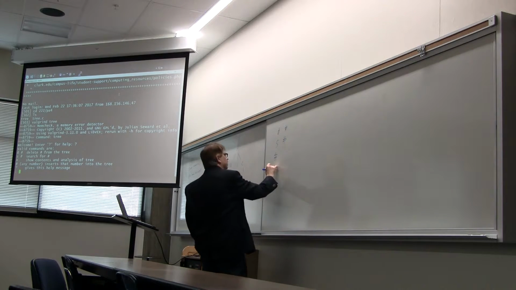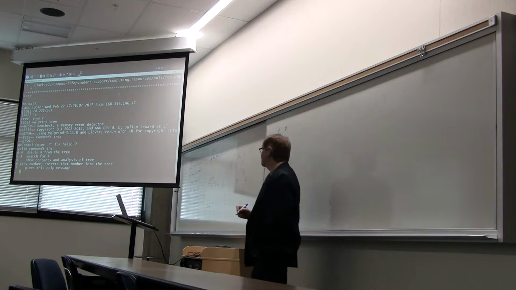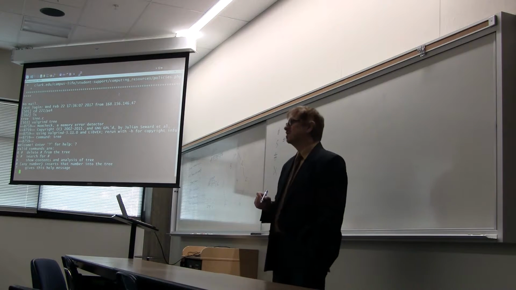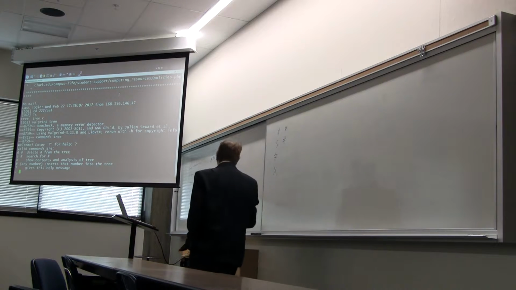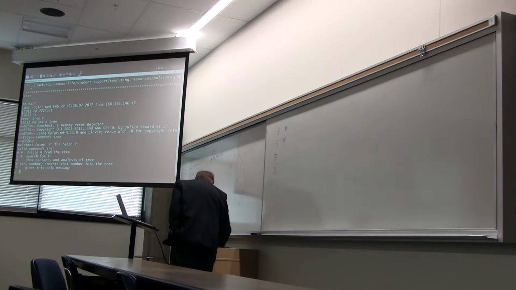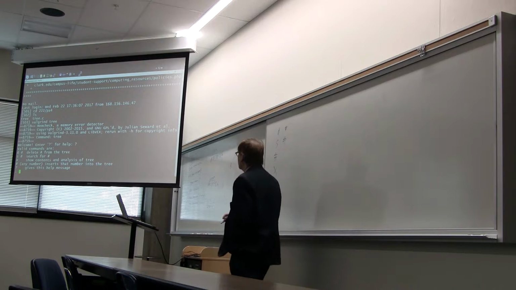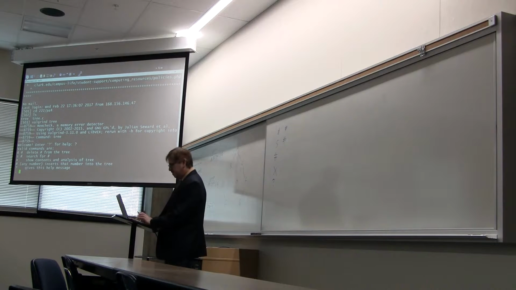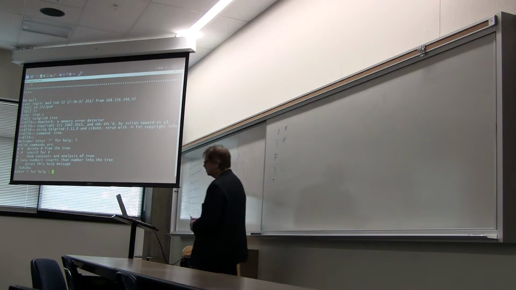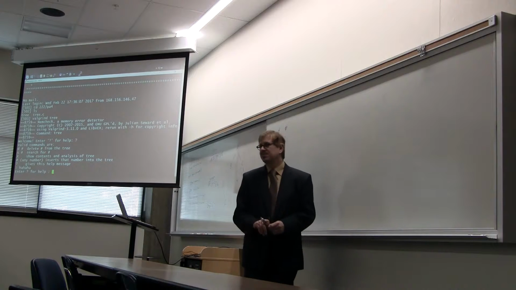And then X will examine the tree, it will show us the contents of the tree, its depth, its balance factor, a whole bunch of information, which we need to talk about. And question mark will give a help message, and anything else we'll just say, put in a question mark for help.